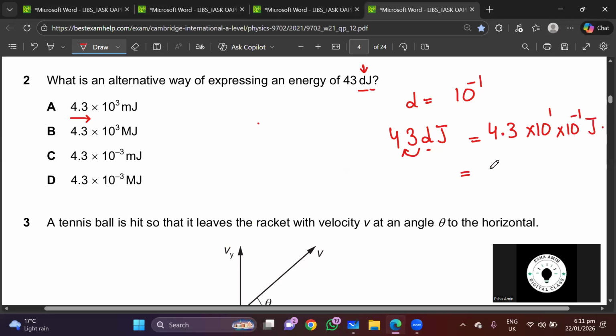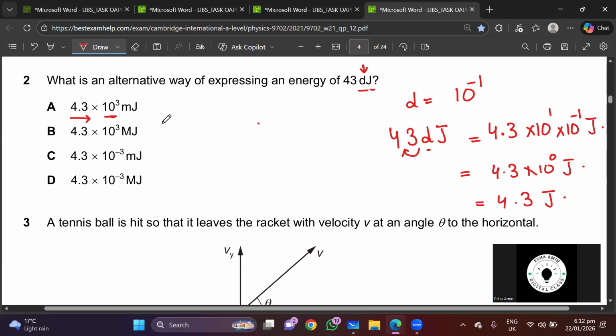So this will become 4.3, 10 power 1 minus 1, that will be 10 power 0, or you can just write it as 4.3 joules, right? So your answer is 4.3 joules, but they have given you another prefix. So they have multiplied it by 10 power 3.